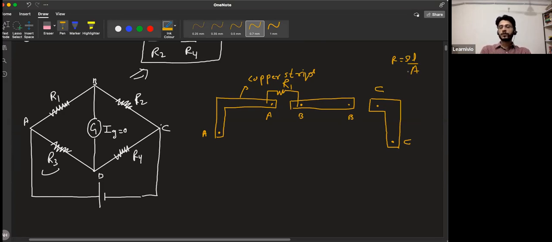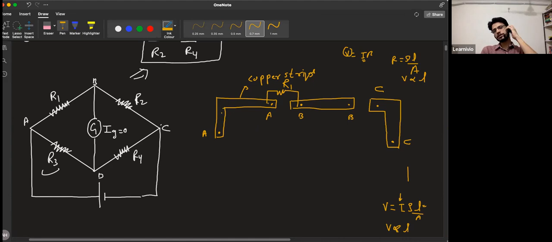When you write V equals IR, you say that voltage increases with length, and that current is constant. Because if current is variable, you can't decide your potential. Basically V equals IR, which could be written as ρL by A, so V is directly proportional to L. This is true only if I does not vary. But here I will also vary in such a way that the potential remains the same. Yes, sir, all points have the same potential.